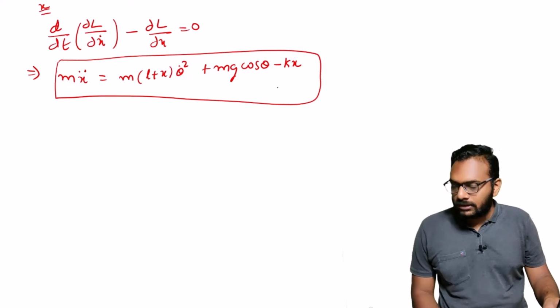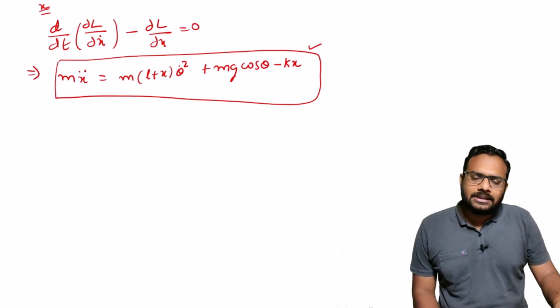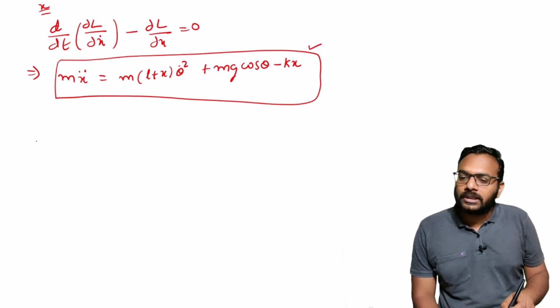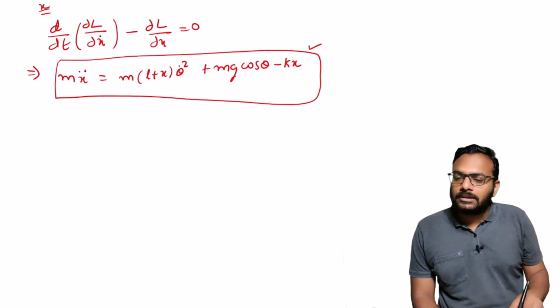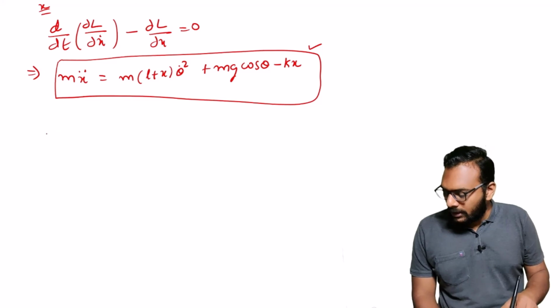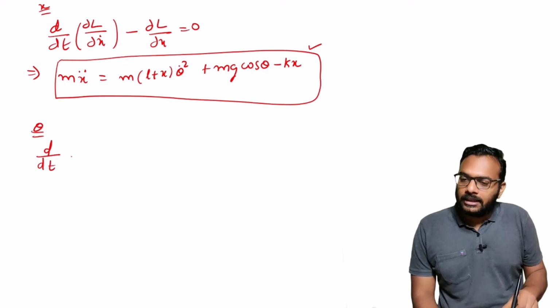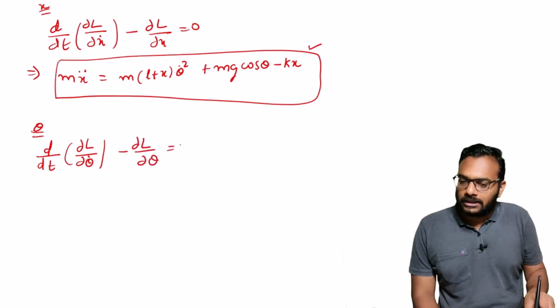That's correct. Now you just try it. Try the calculation at home in your free time. That's not very difficult. Now we can also find the equation of motion for theta. That's simply d by dt of dou L by dou theta dot minus dou L by dou theta is equal to 0.